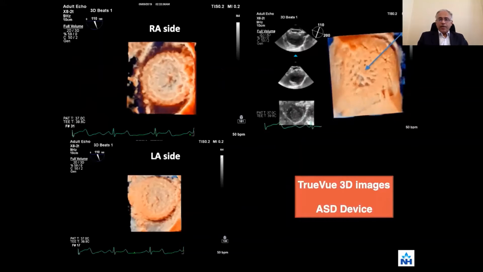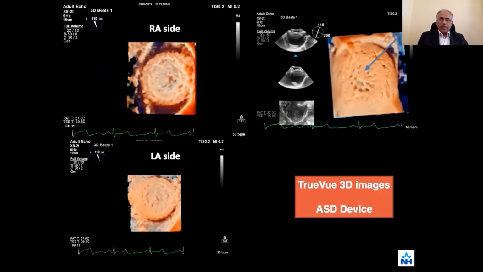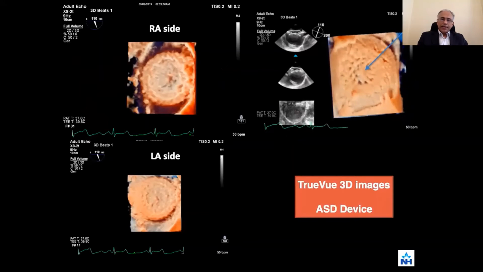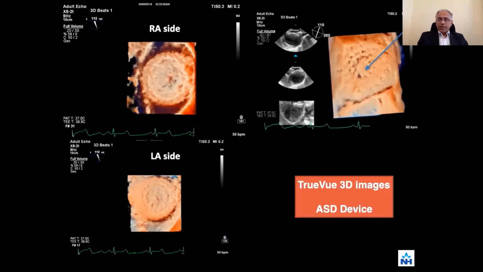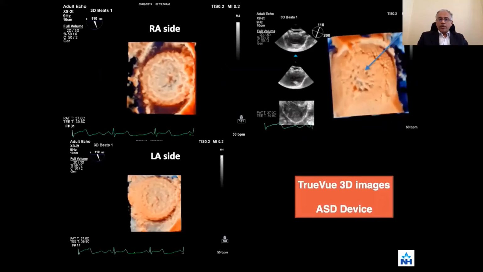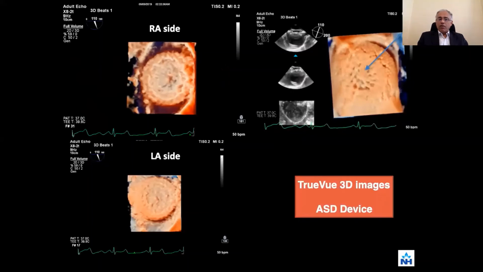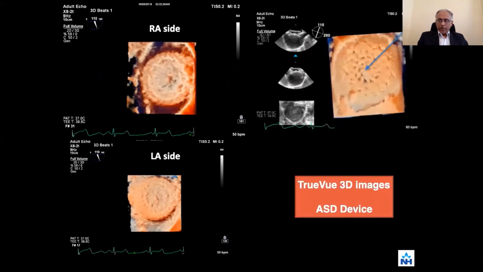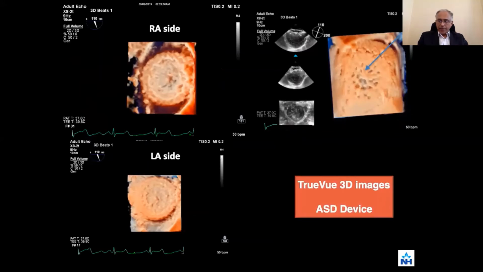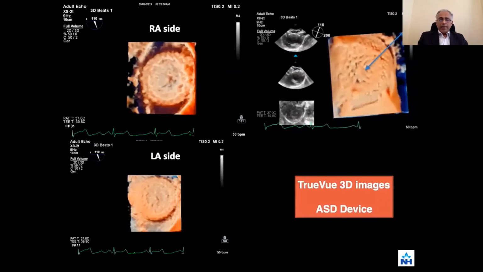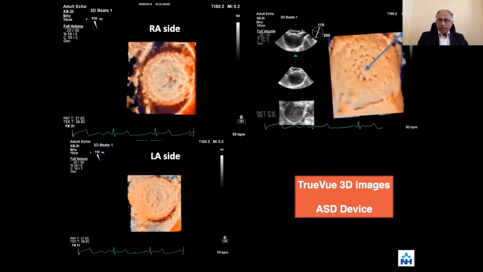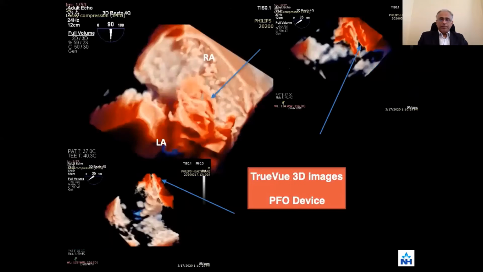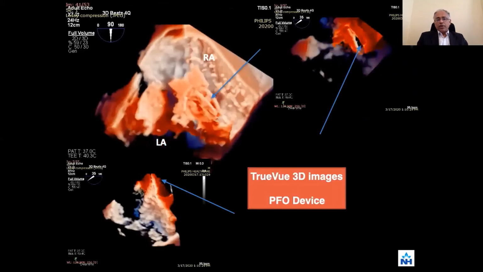Using the light source, you can see it both from the LA side and the right atrial side, and it can be helpful using this TrueView when we're suspicious of some clot, or when you're suspicious of infective endocarditis which has affected the device. But that aside, the TrueView really gives you some magnificent images.